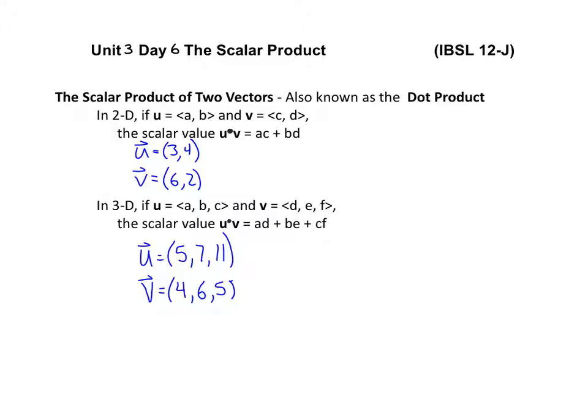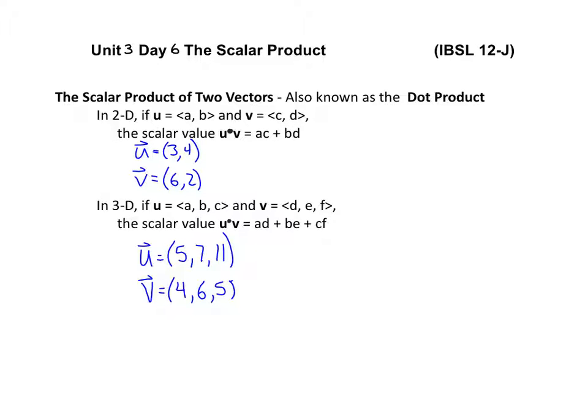You'll notice that we're taking the 2 x components and multiplying them together, taking the 2 y components and multiplying them together, and then adding them. The reason it's called the scalar product is because our end result is not going to be a vector. It's just going to be a number. It's just going to be a scalar.